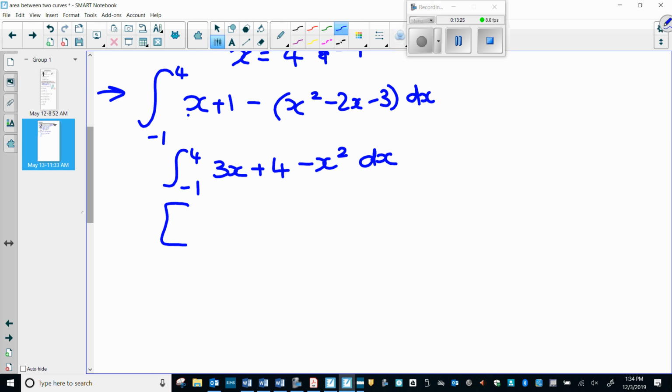So 3x becomes 3x squared over 2, plus 4x, minus x cubed over 3, close bracket. And then we're going to substitute our numbers in.